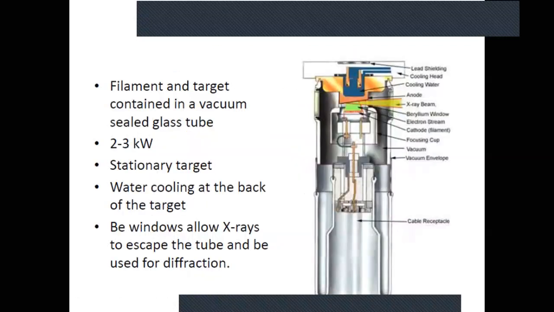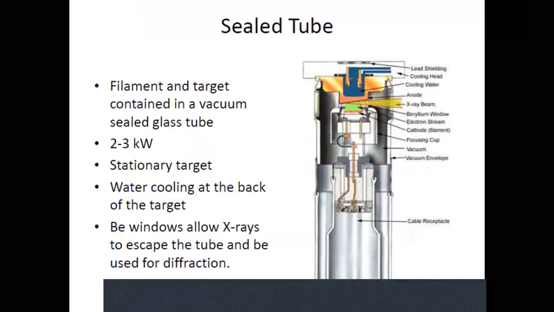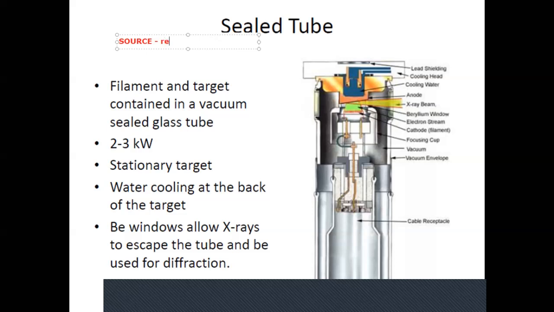So now we're going to talk about how we produce these X-rays. We have two different types of what we call a source, and a source refers to where the X-rays are produced. The source is usually in reference to what type of anode is used.